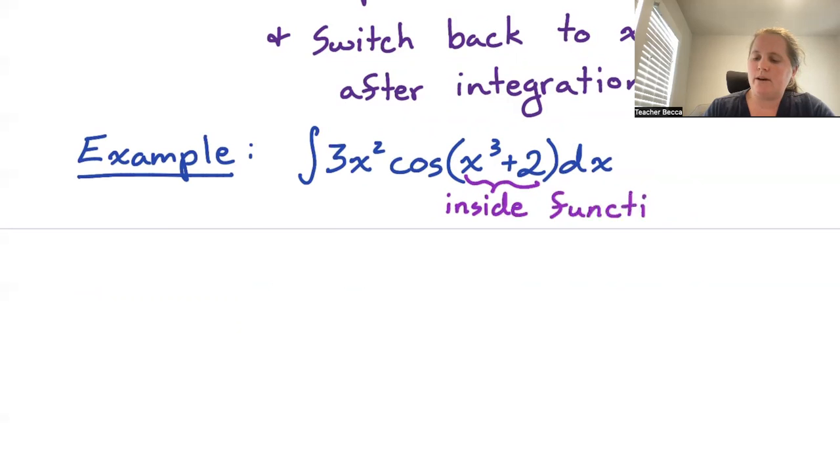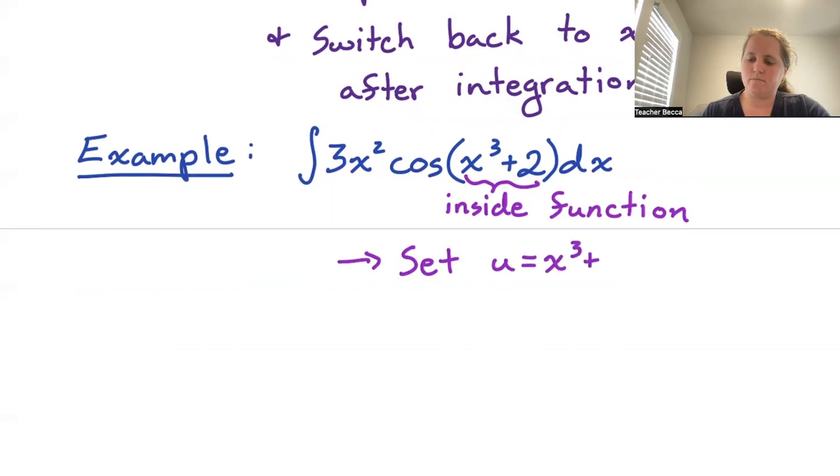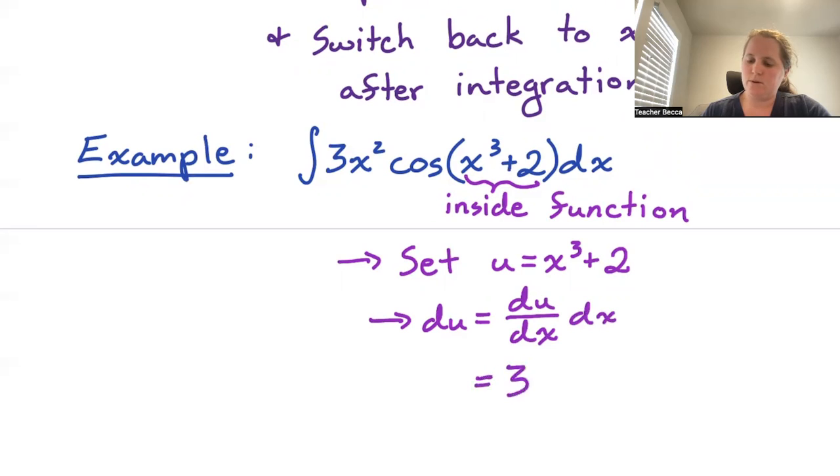And so we will go ahead and set u equal to x cubed plus 2. Then we have du is du dx, the derivative of u with respect to x, times dx, which would just be 3x squared times dx.